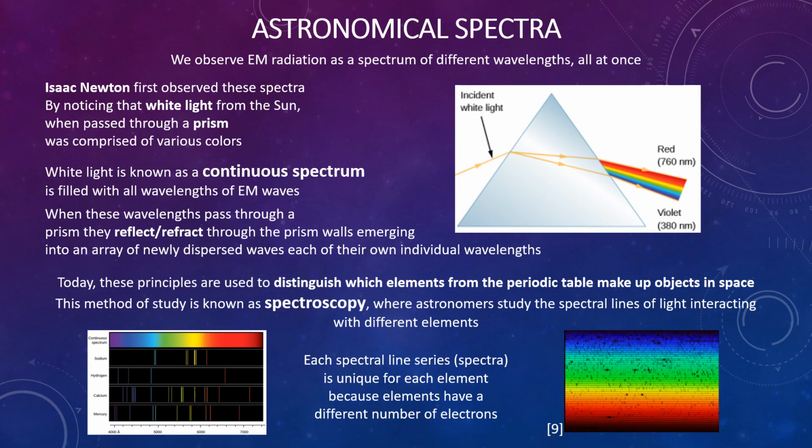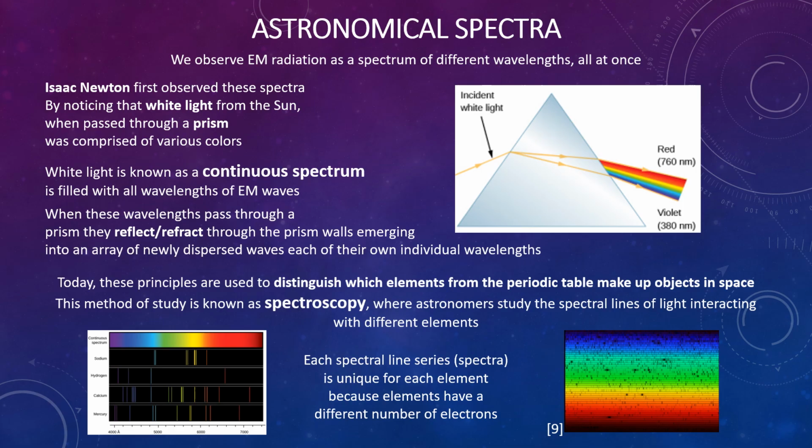Using this principle, we can now actually distinguish what elements are present in distant objects, as well as if you're studying something really up close, you can do that as well. We now can determine, based on the light that's being emitted by an object, what elements are present there. This is a study known as spectroscopy, where astronomers study the spectral lines of light that are interacting with the different elements that are present.